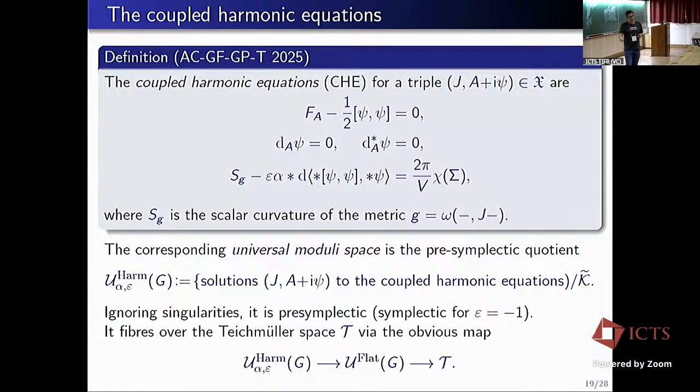There is a torus action by symplectomorphisms, the connected component of the identity component of symplectomorphisms, modulo Hamiltonian. But finally, it fibers there. If we had more time, I might explain it fibers over something in between too.